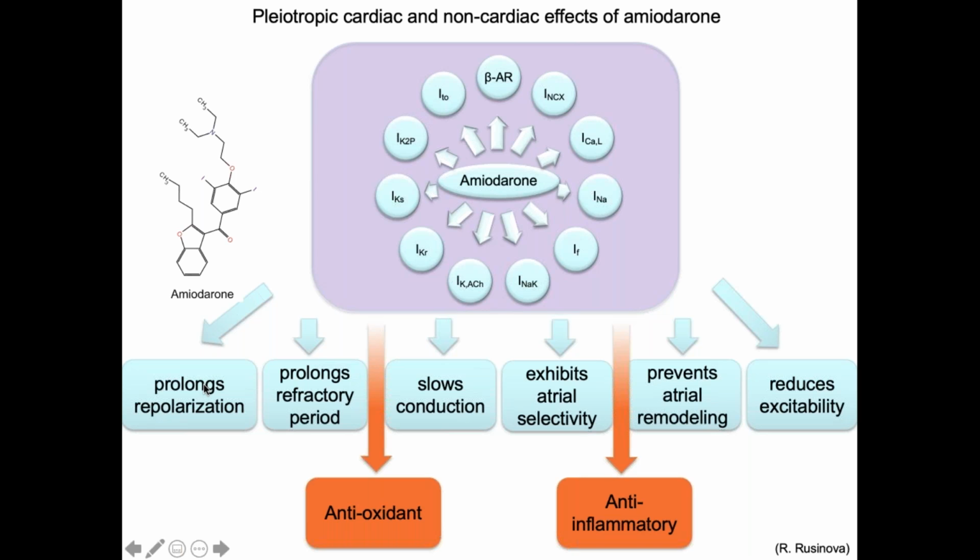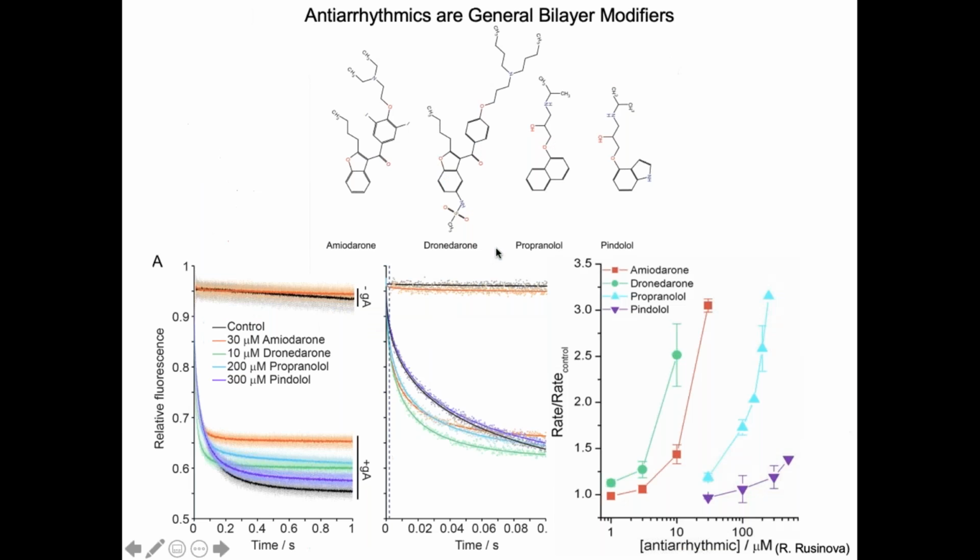All of these are important in terms of amiodarone's ability to prevent serious cardiac arrhythmias, but we don't know which is the dominant one. In addition to these effects that clearly affect the heart, it has general antioxidant as well as anti-inflammatory processes. So this affects numerous different systems in our bodies.